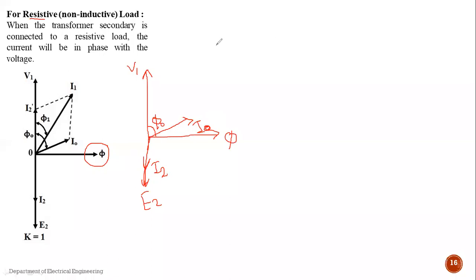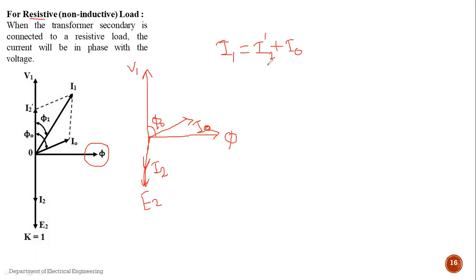Now do you know that according to the previous relation, that is the primary current taken from the supply, third diagram मध्ये होतं बघा, that is I1, it is equal to the vector sum of I2 dash plus I0. What is I2 dash?